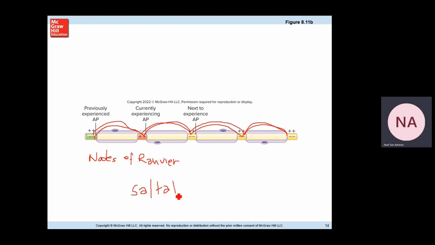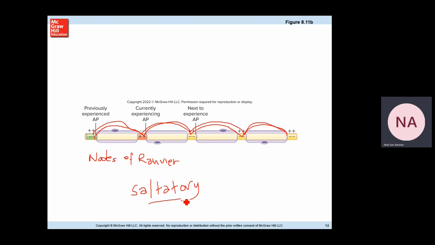Although there are a few unmyelinated axons in our nervous system, the conduction there is slower. Conduction is faster because of the presence of myelin sheath, which functions to increase the conduction speed along the axon.